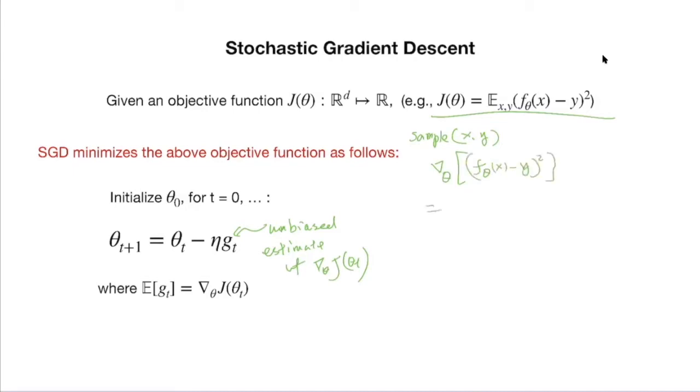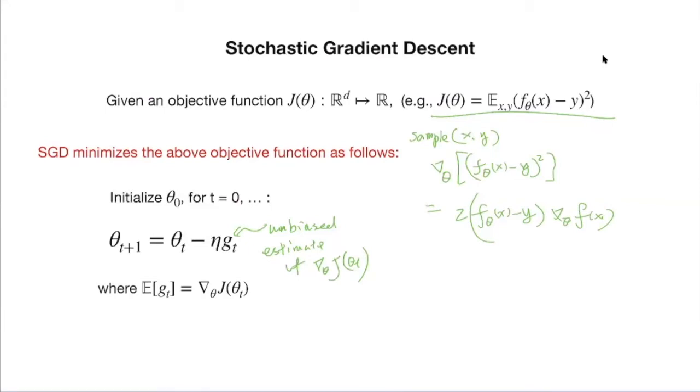By chain rule, this is just 2 times (f_theta(x) minus y) times the gradient of f_theta(x) with respect to theta. So this is my stochastic gradient, because my x, y is sampled from the distribution that defines the expectation.